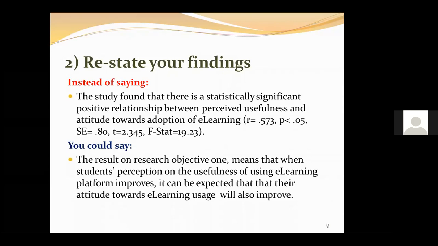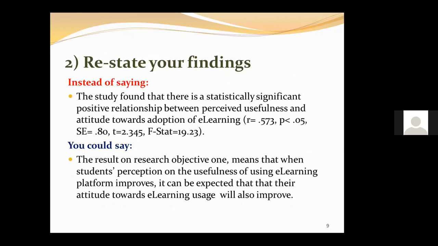You can say, for example, the results on research objective 1 mean that when students' perception on perceived usefulness of using e-learning improves, it can be expected that their attitude towards e-learning will also improve. Restating your findings. How do you start your discussion?